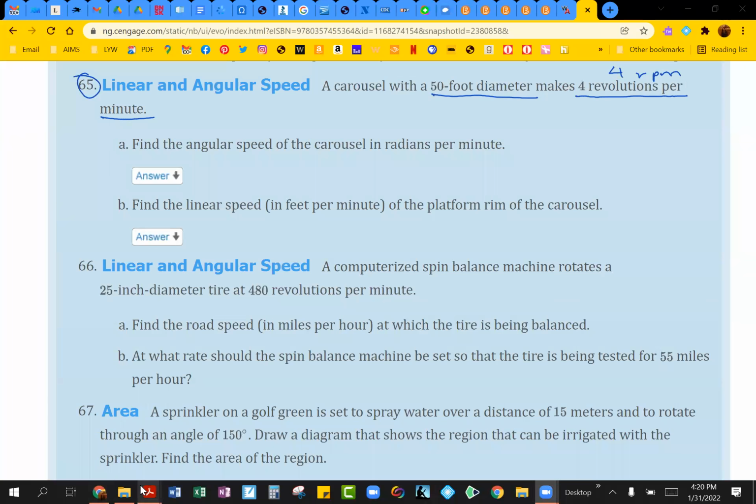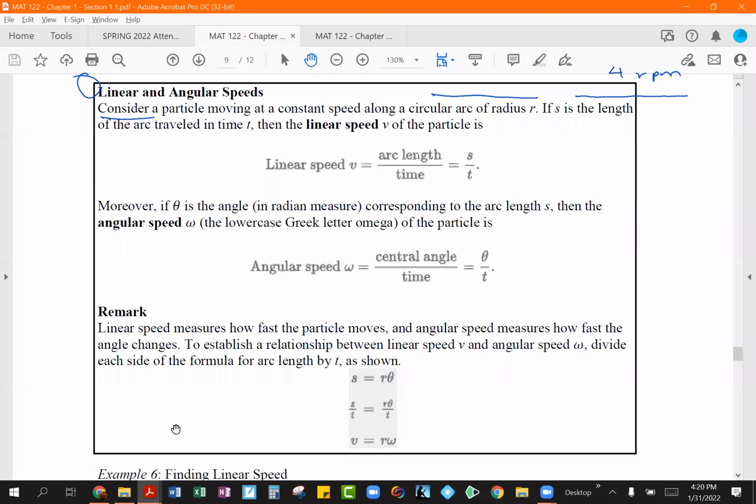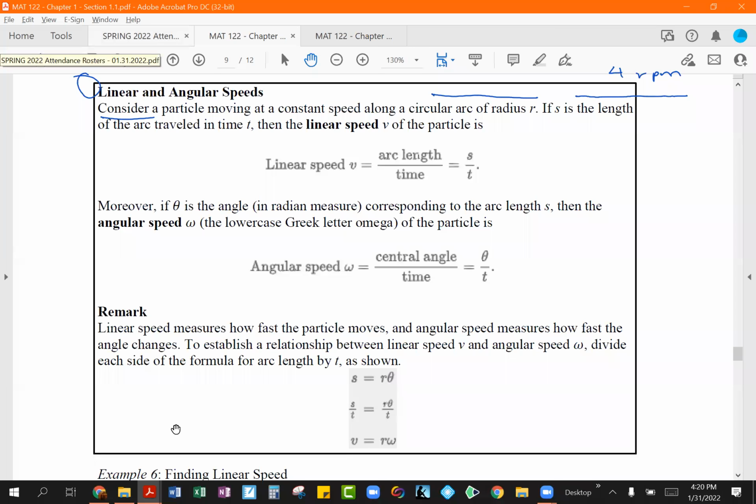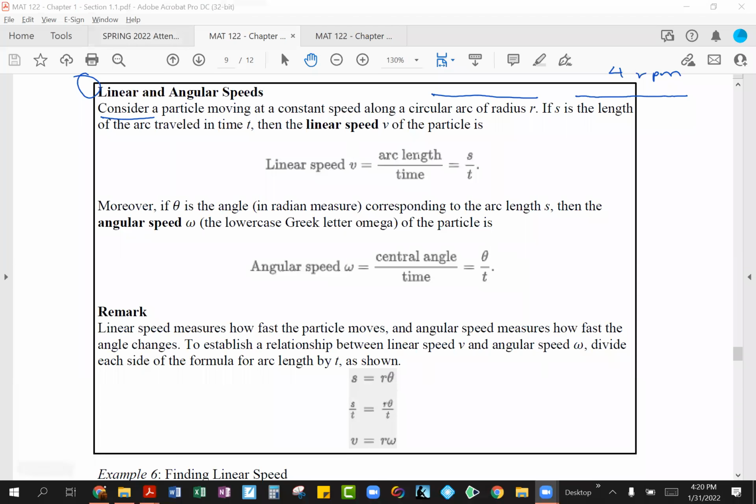So let's very quickly take a look at the formula for angular speed. You can see we need the central angle theta, and then we need the time t. So the idea is, how do we find that theta and how do we find the t? That's what we need to be working on.